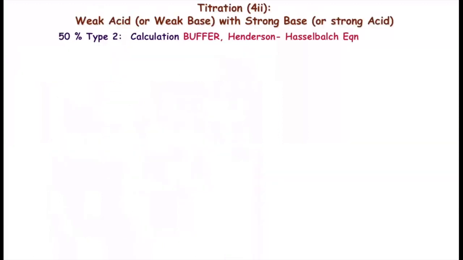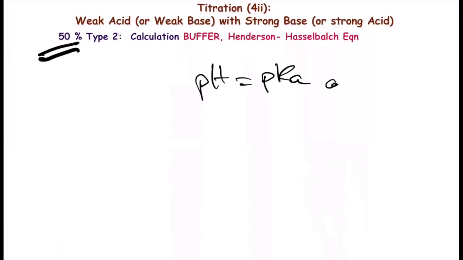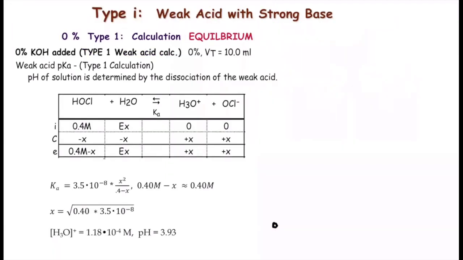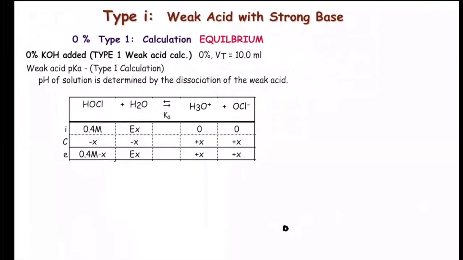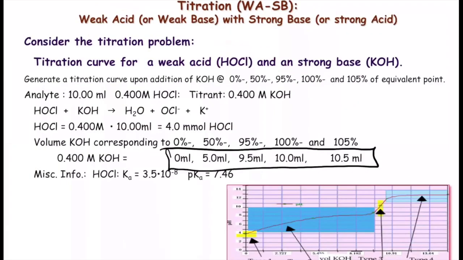What happens at the 50%? This is a gimme. You don't even have to open your calculator. pH is equal to the pKa at 50%. We know our pKa is, what was our pKa? Let me go back. Our pKa was 7.46.